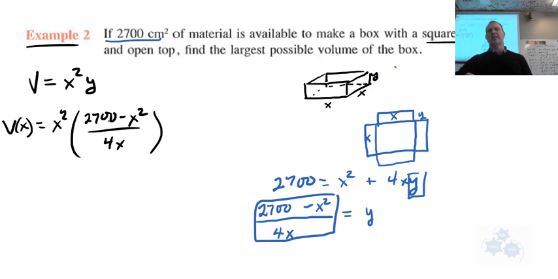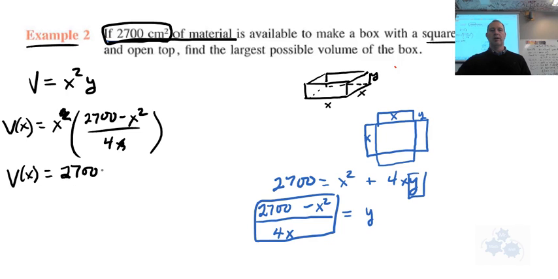You guys getting that step? Do you understand what we're doing here? Making a function, using this extra information right here to do that. So you might want to simplify this expression a little bit. The 1 x is going to go with this x, which is going to multiply in. So it's going to be 2,700x minus x cubed, and that's all over 4.